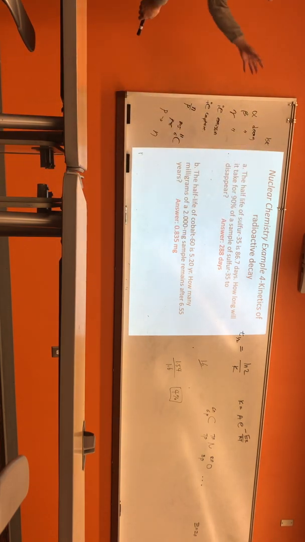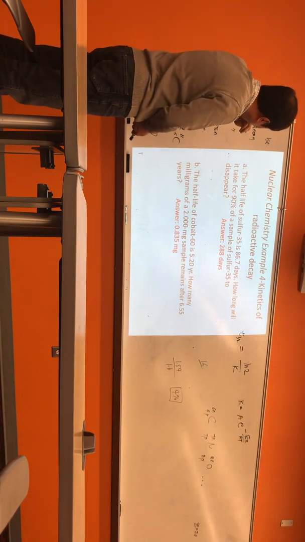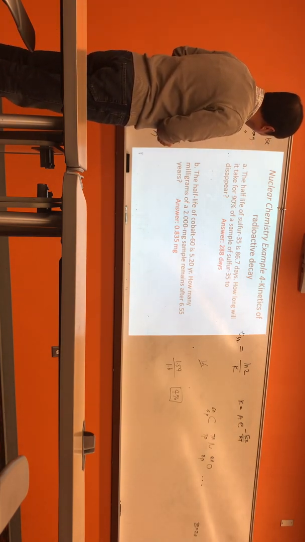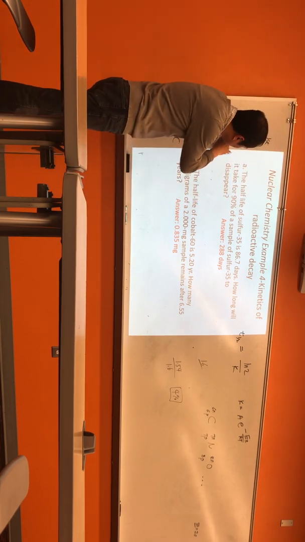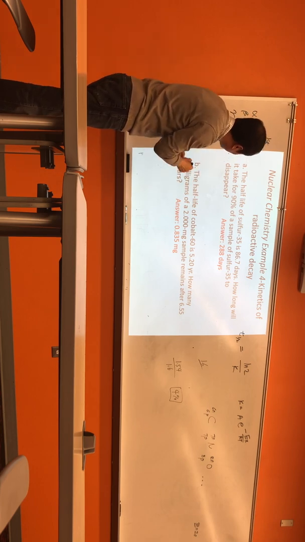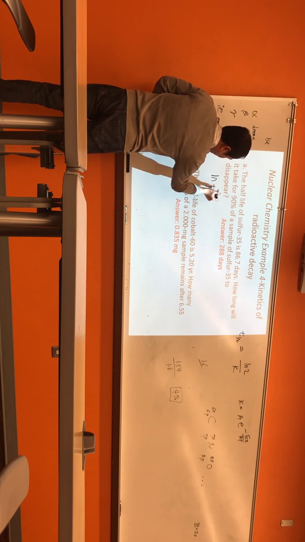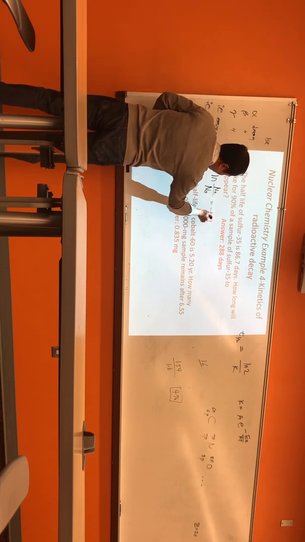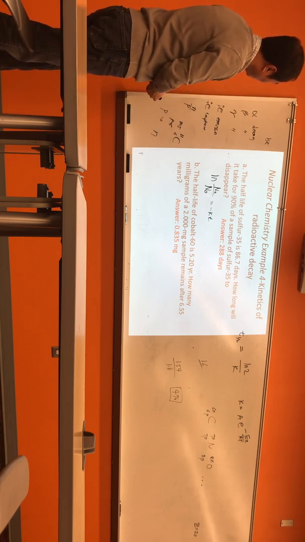So this will remind you of one of the questions in the quiz. Half-life of sulfur is this. How long will it take for 90% of a sample of sulfur to disappear? The formula was N = N0 e^(-kt).